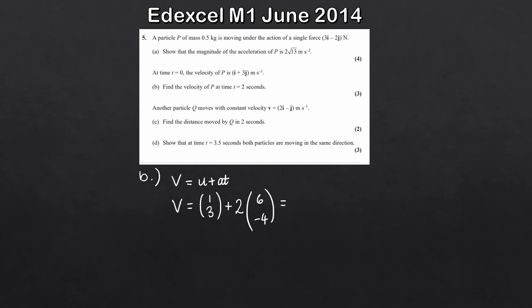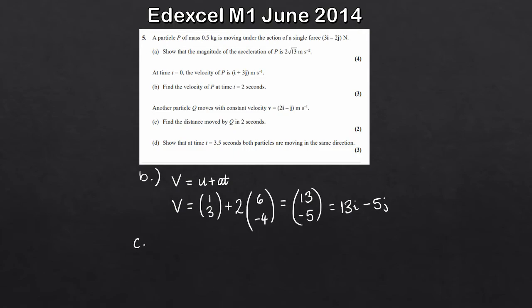So if we work this out, it's going to be 1 plus 12, so that'll give us 13. And then 3 minus 8, so that'll give us minus 5. Okay, so that's our velocity there. But if we write it with i and j components, that would be 13i minus 5j. So that's part B.